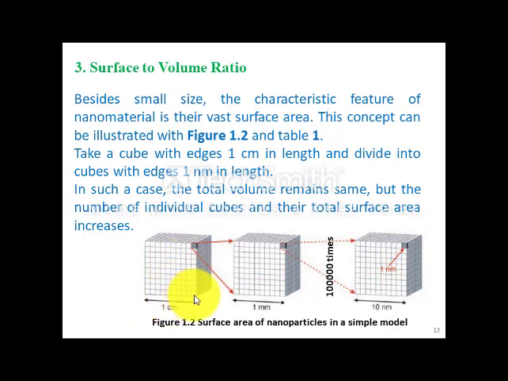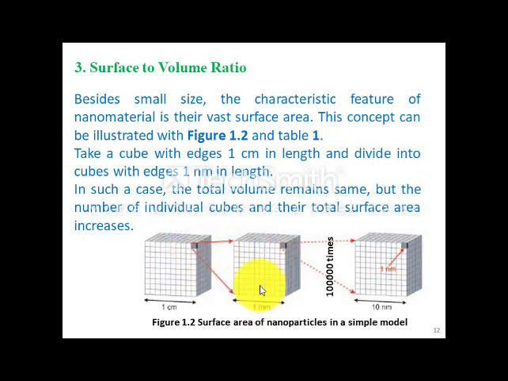We can say this big one can be divided into 10 cubes of 1 millimeter along the length, width, and similarly towards the back side and the upper side. So one cube of 1 centimeter can be divided into 10 cubes along the x-axis, 10 along the y-axis, and 10 along the z-axis. In other words, 10 raised to power 3, or 1000 cubes, can be made from a 1 centimeter cube, and we get 1000 cubes of 1 millimeter.